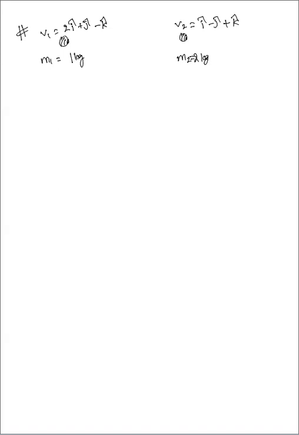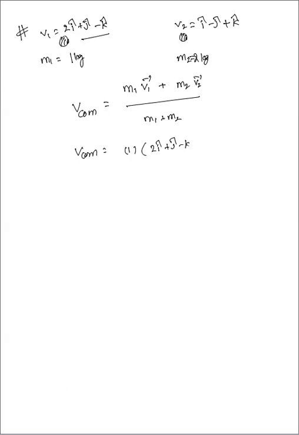The formula for velocity of center of mass, we just now derived: VCOM equal to m1 v1 plus m2 v2 divided by m1 plus m2. So VCOM equal to, m1 value is how much? 1, right? 1 into v1 value, 2i cap plus j cap minus k cap, plus m2, which is 2, into i cap minus j cap plus k cap, divided by m1 plus m2, 1 plus 2.